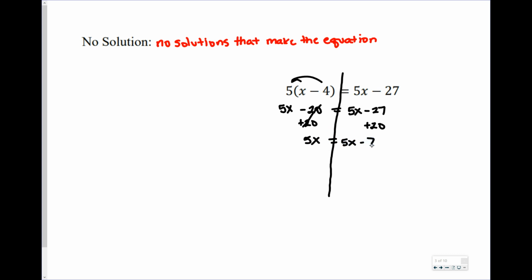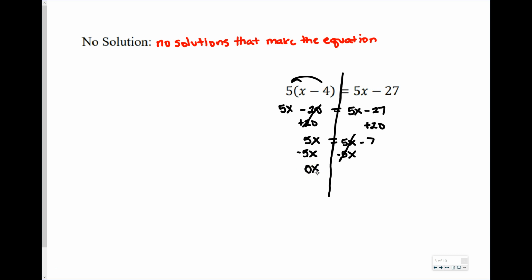Now I have to get all the x's over, so I have to subtract 5x on both sides. And now here's where things get a little strange. On the right side, I know those canceled out because I was trying to get rid of them. The left side looks identical. Notice that it still says 5x minus 5x, and I know you'll be tempted to write this down. Don't do this.